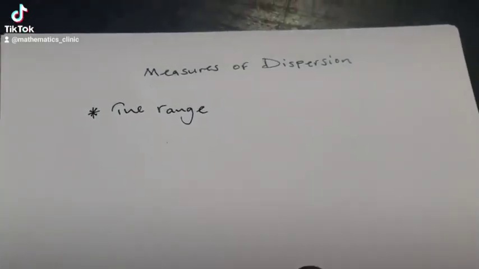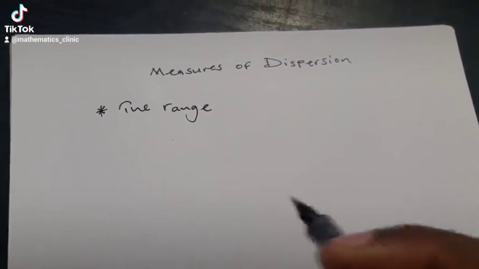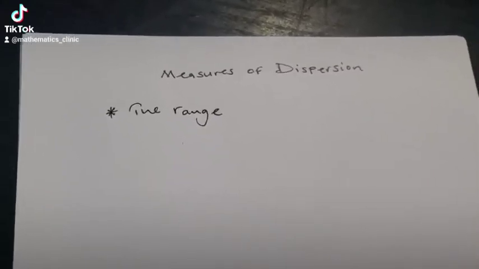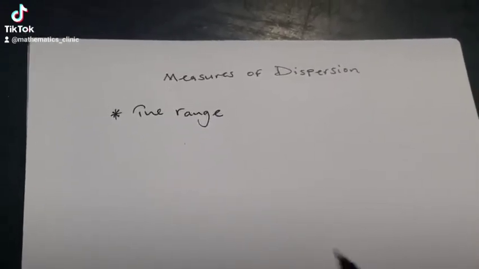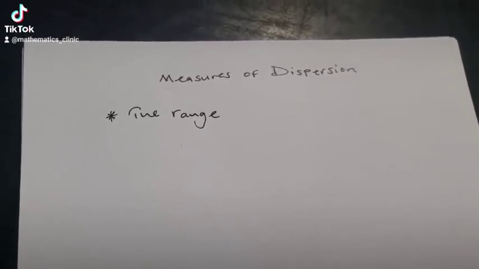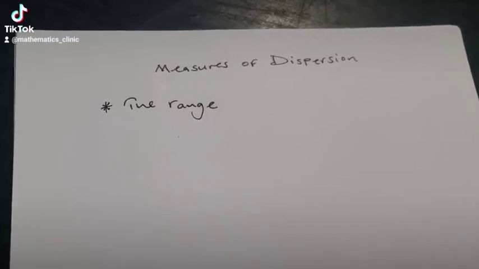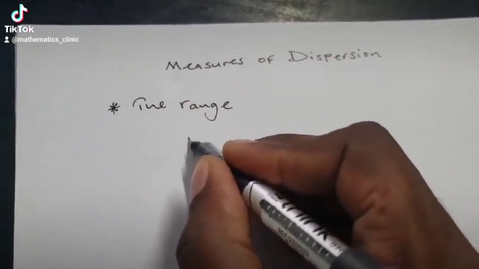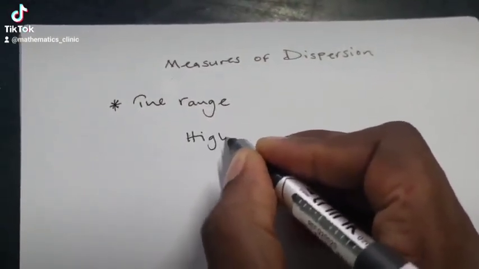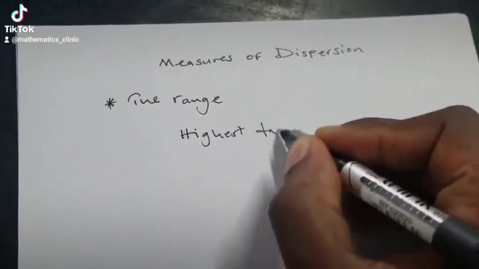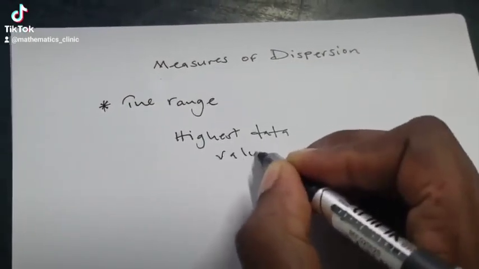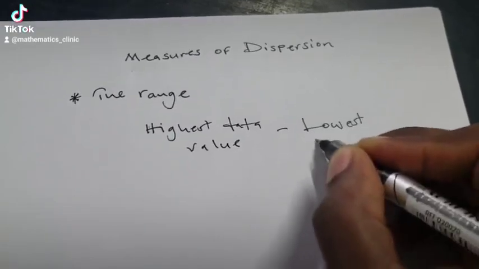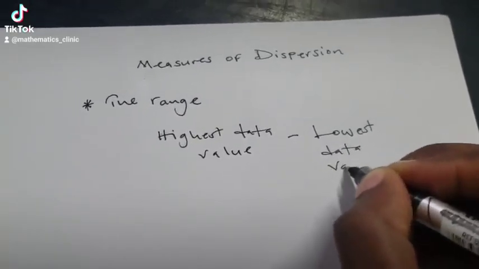When you're calculating the range, this is the difference between the highest and the lowest data values. When you're finding the range, you look for the highest data value minus the lowest data value.